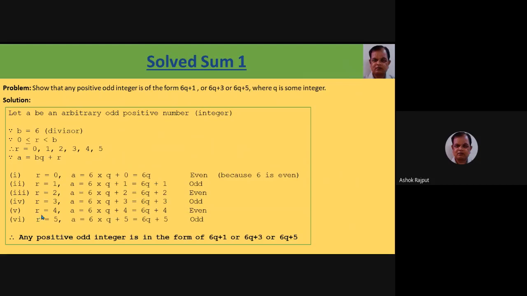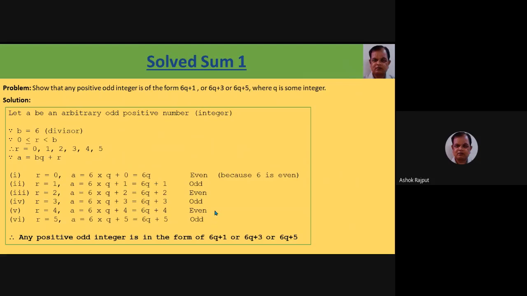After that the remainder is 4, so it is 6q plus 4. As we know, 6q is even and 4 is even, so the sum is even. And for remainder 5, it is 6q plus 5. Here 6q is even and 5 is odd, so this will be odd.